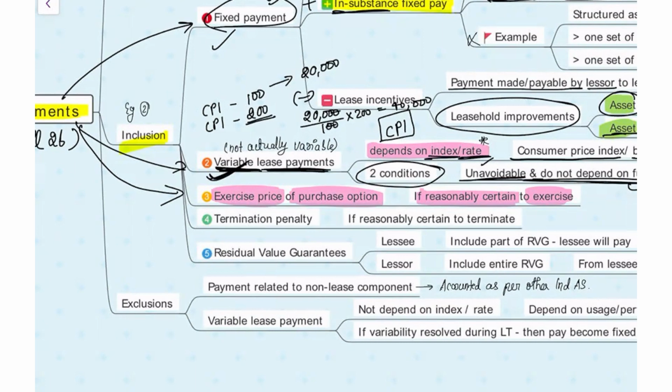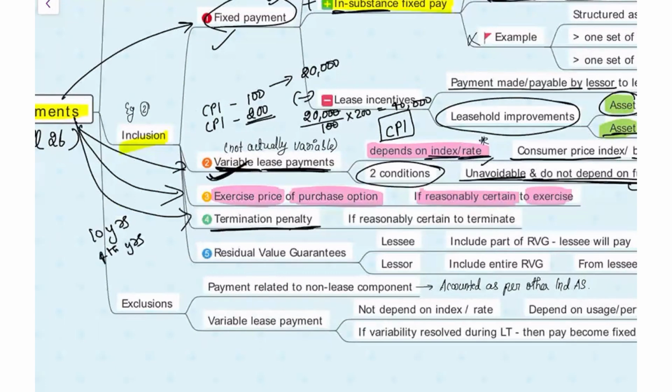Then the next thing which will get included in your lease payment is your termination penalty. In case there is a point that you can terminate, maybe after 4th year or 5th year, you can terminate this lease contract. Suppose the lease contract is taken for 10 years, but after 4th or 5th year, you can terminate it.